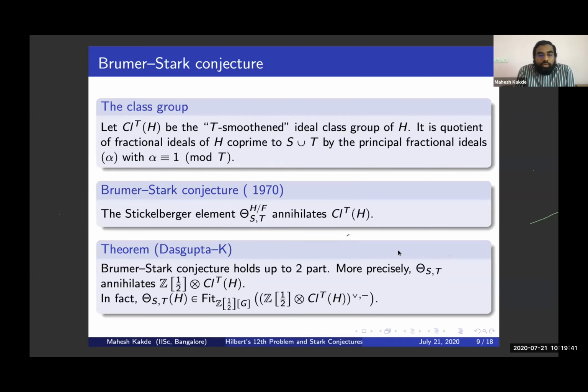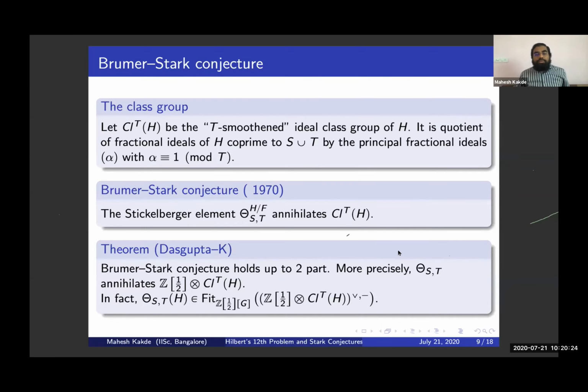So what I do is I take the quotient of all the fractional ideals of H which are coprime to S union T, by principal fractional ideals. If I just stopped there, I would get the usual class group. But I only take principal fractional ideals which have a generator congruent to 1 mod every prime in T. An alternate way of saying this is you take the Galois group of the maximal abelian extension of H which is unramified outside T, and at T it's at most tamely ramified.